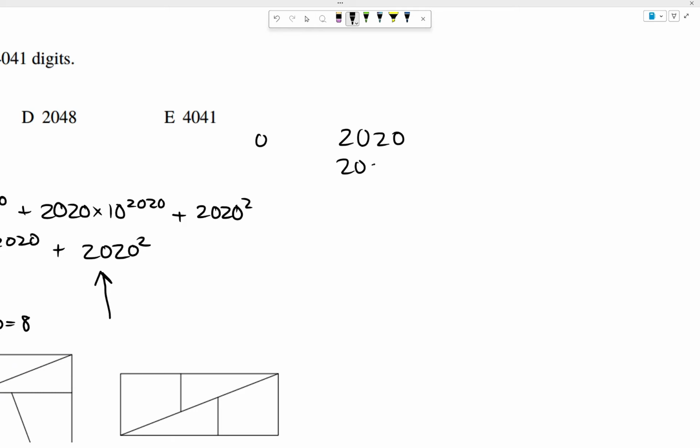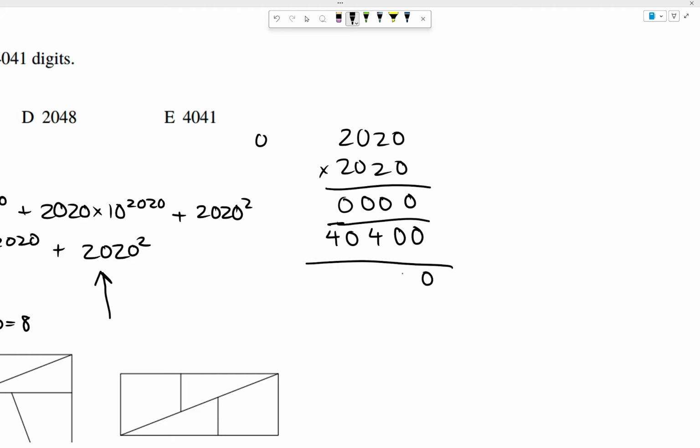2020, 2020, 0, 0, 0, 0, 0, 0, 4, 0, 4, 0, 0, 0, 0. Then 0, 0, 0, one more 0, I think.